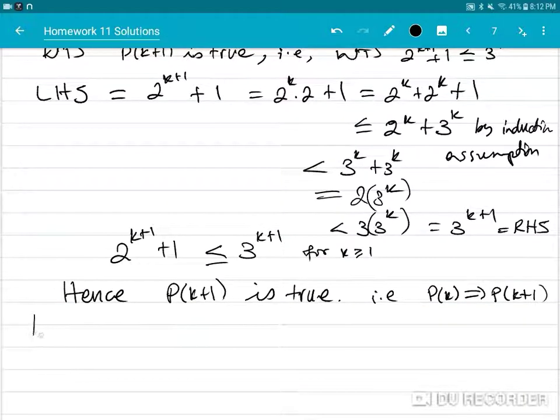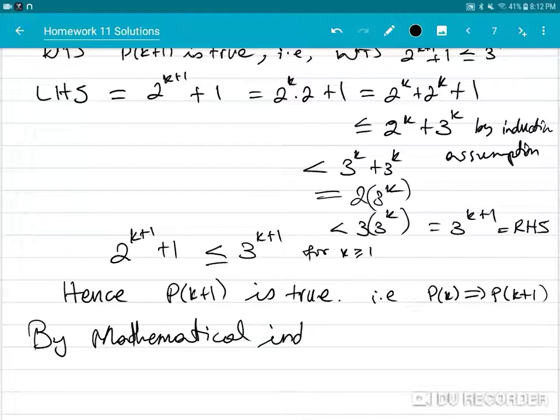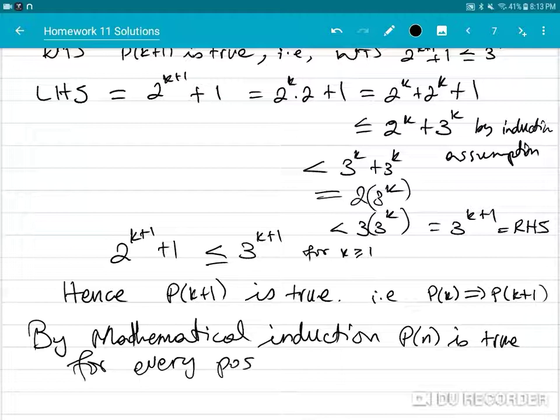Therefore, by mathematical induction, P(n) is a true statement for every positive integer n.